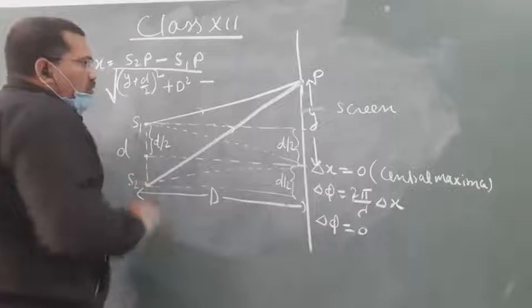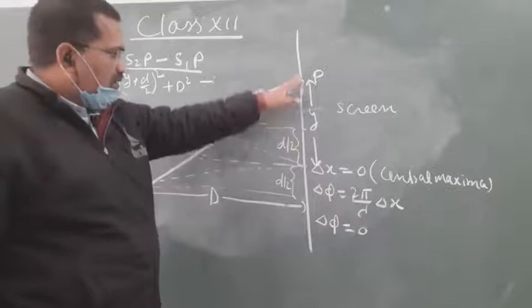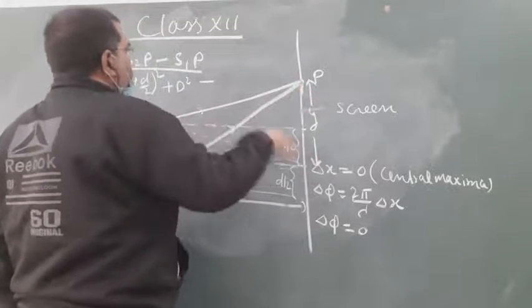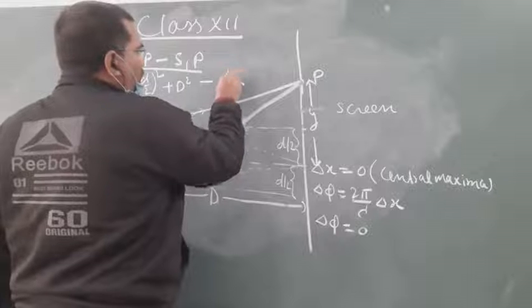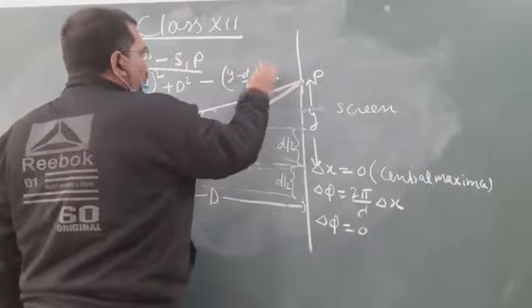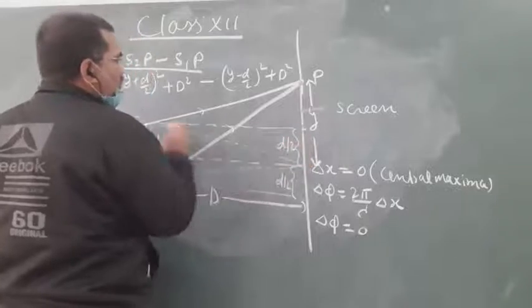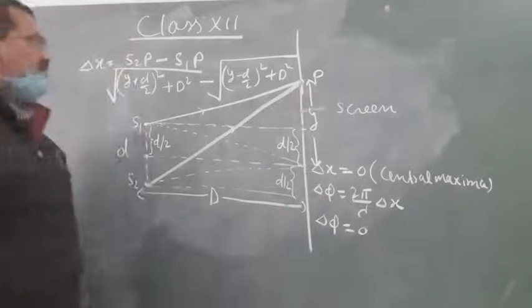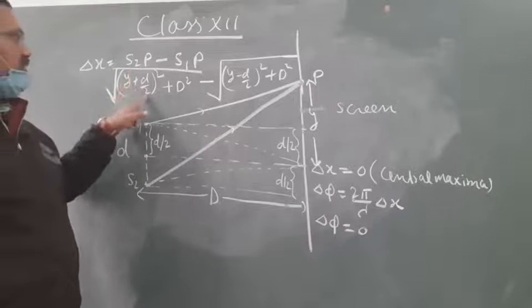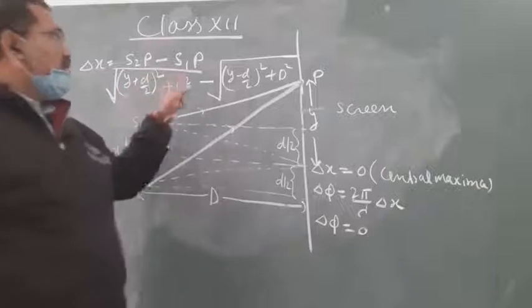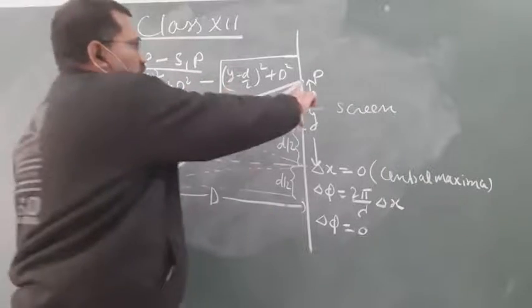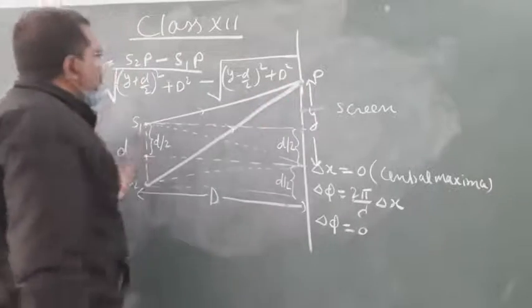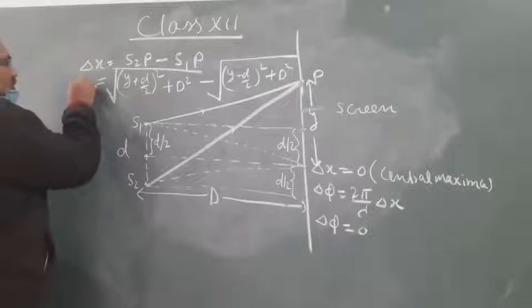The length squared is y minus d by 2 whole square plus D square, under root. So S2P, the square root of y plus d by 2 whole square plus D square, minus S1P, the square root of y minus d by 2 whole square plus D square. This is the formula for path difference at point P.